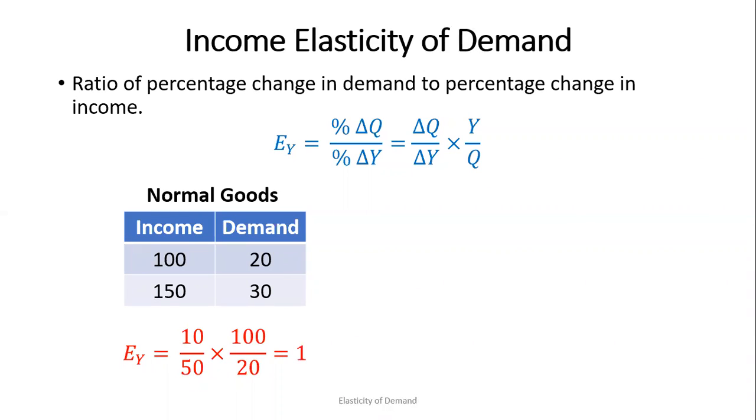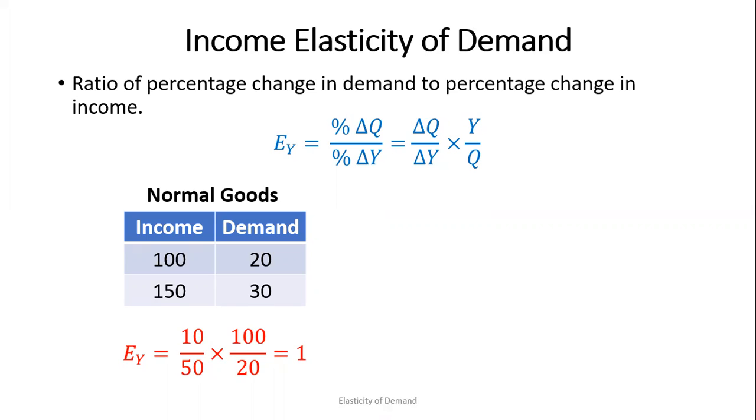As we discussed in our previous lecture, normal goods are those whose demand increases when the income of the consumer increases. Therefore, the change in quantity demanded in this example is 10. The initial value of demand is 20, whereas the change in income is 50 and the initial value of the income is 100. Using this, we can see that the elasticity of demand is equal to 1.